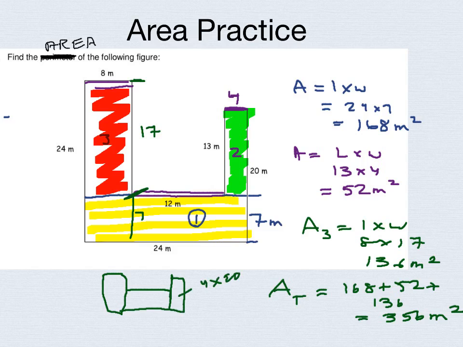In the middle, you would have had 12 by 7. And the upper would have been 8 by 24. You do the math on that, 8 by 24 is 192, 12 by 7 is 84, 4 by 20 is 80. When you add it all together, you would get 356 square meters as well.